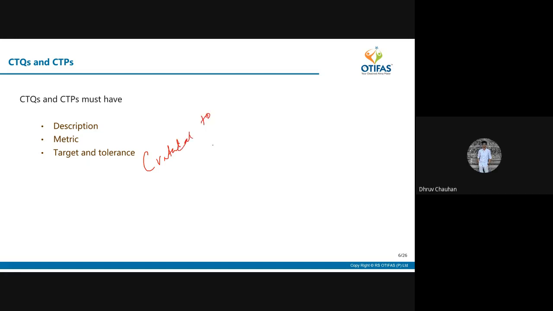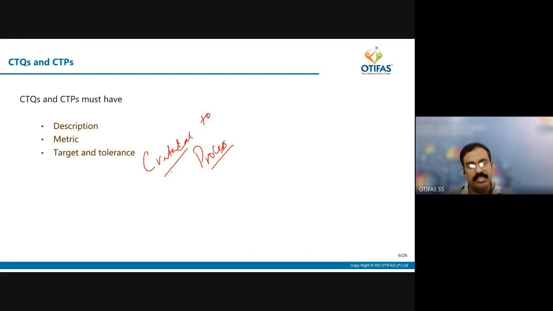Sir, I had a doubt. All the parameters which we are considering in input, are all those inputs critical to process? No. Good question. All are not CTPs. There may be critical ones, and we'll come to that point. Not all are critical.